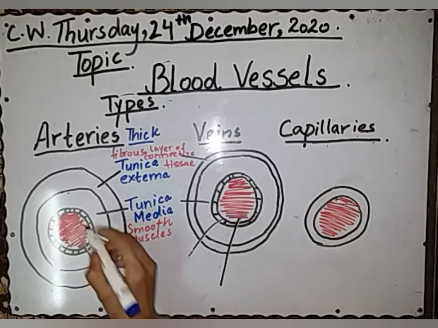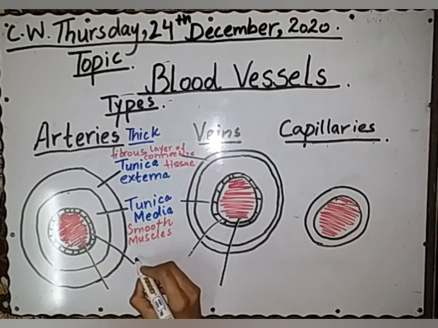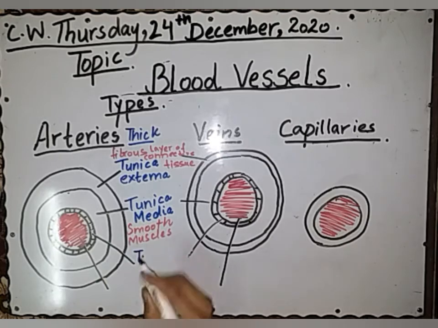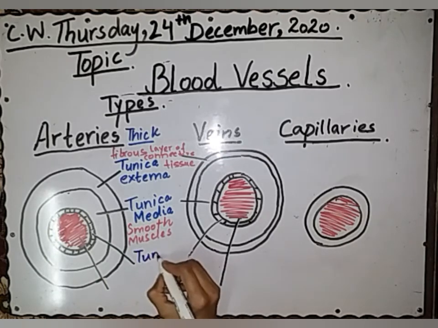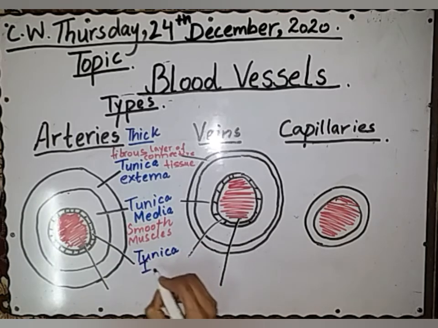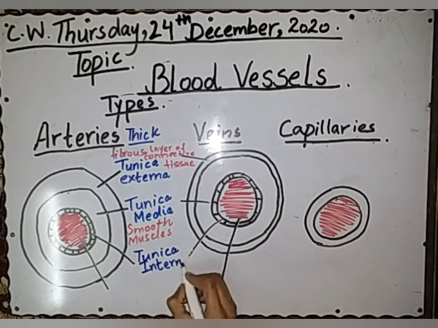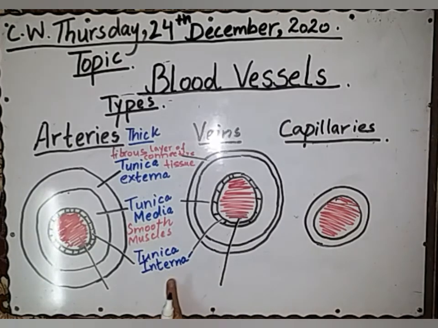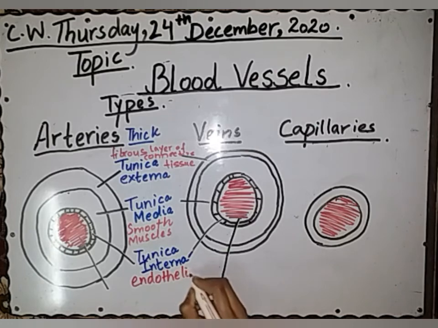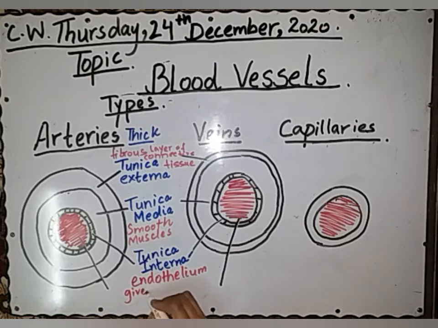Next, the internal layer is known as tunica interna. Tunica means membrane, interna means internal. So the internal membrane is known as tunica interna, and this membrane is made up of endothelium, and it gives smoothness to the arteries to prevent any breakage or clotting.